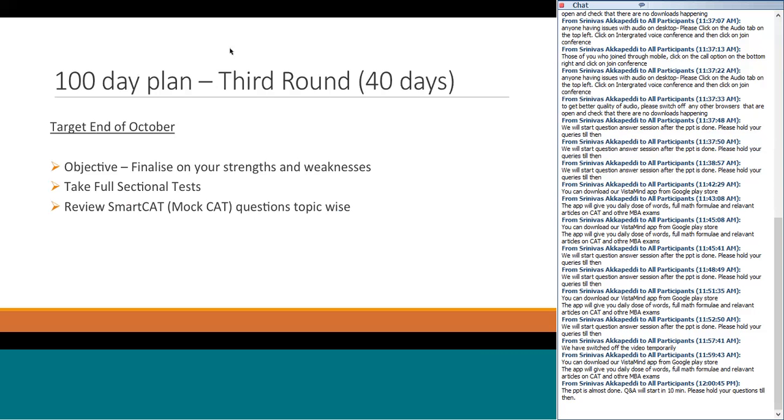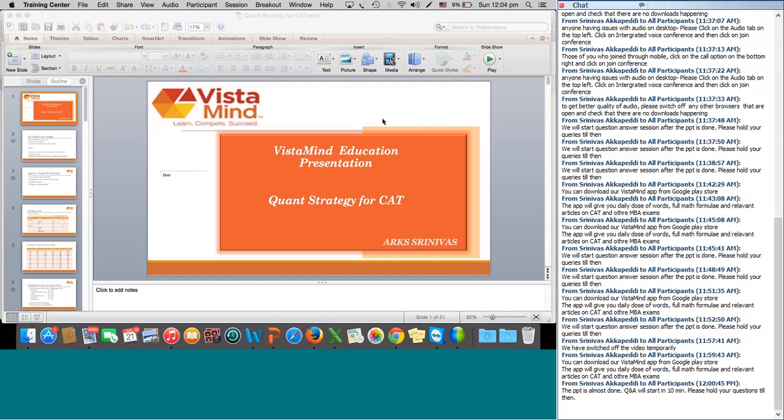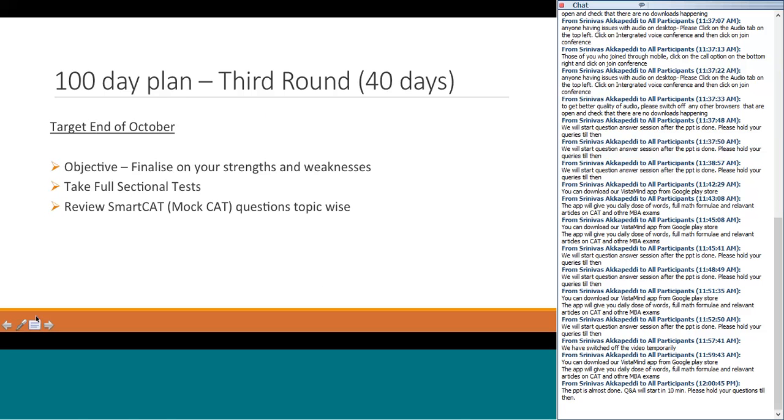You will now do time, speed and distance review, take a topic test, take an arithmetic test, and then for time, speed and distance, go through all the questions which have come in all the tests that you have done till then. Okay, that's important to understand. You then go through all the smart CATs at that point of time, the questions from the smart CATs topic wise.